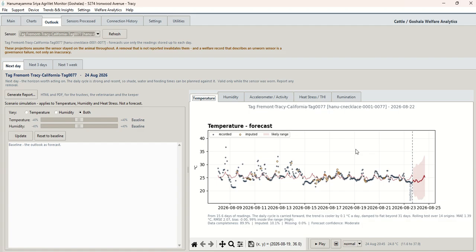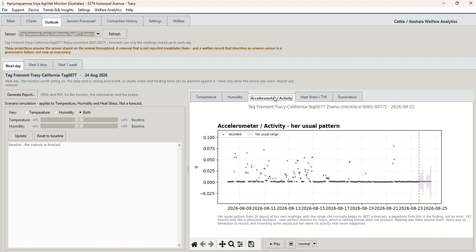Third, derive signals and not fitted signals. We derive THI from the temperature and humidity instead of fitting it separately. This preserves the correlation between the two, which is essential for heat stress prediction. Fourth, behavior baseline instead of behavioral forecast. Rumination and activities are not forecasted.